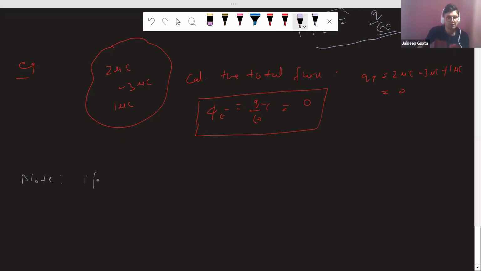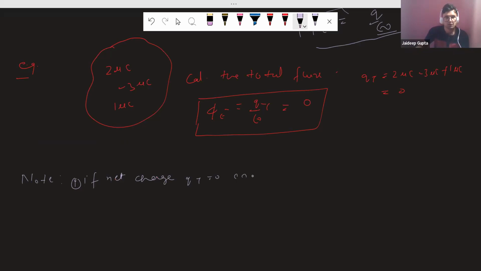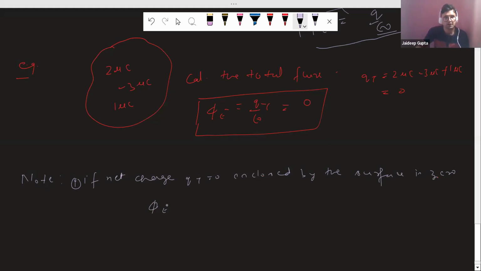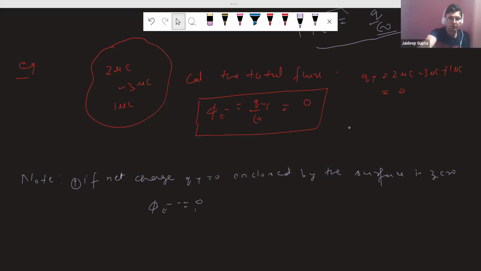First, if the net charge, that is Q total, enclosed by the surface is 0, then phi E is also equal to 0. Because the charge enclosed by the surface is 0, the electric flux must be 0.